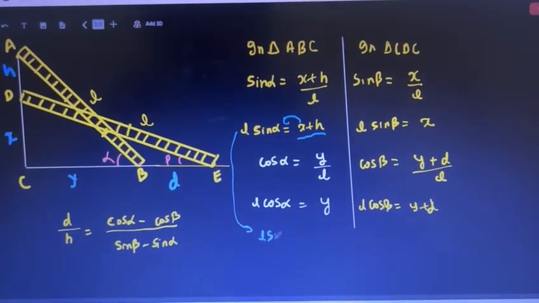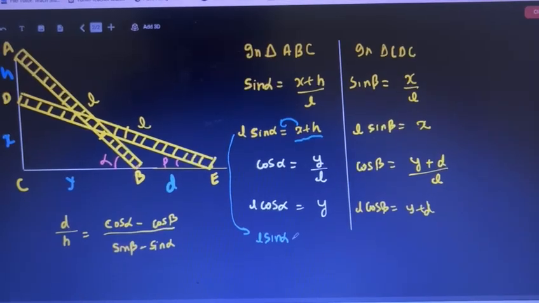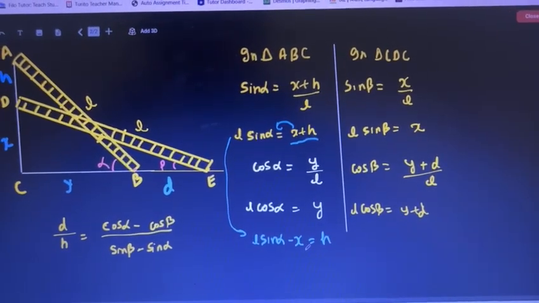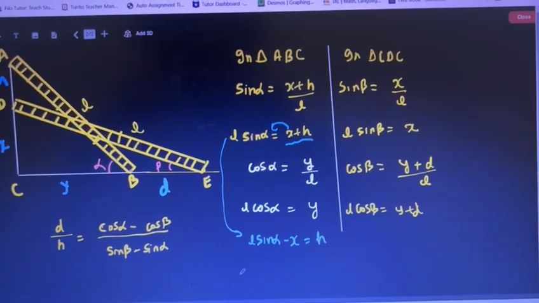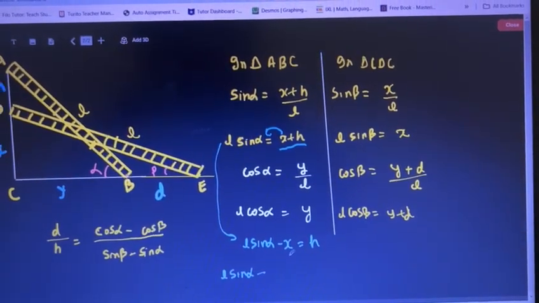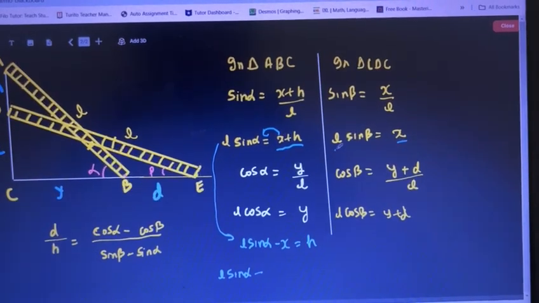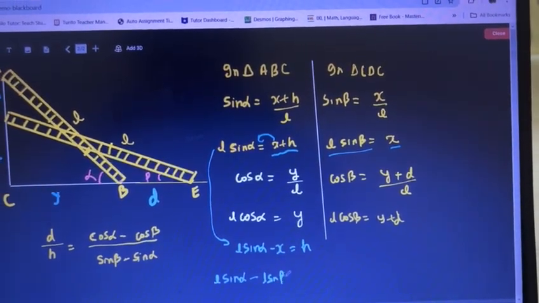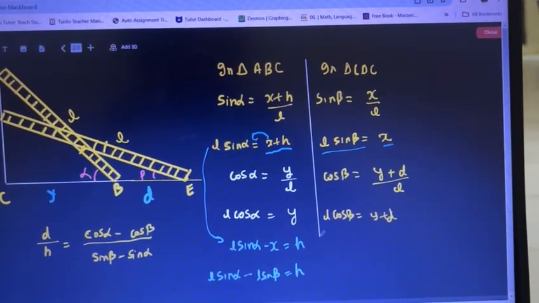L sin alpha minus X is equal to H, right? Now what is your X? Your X here is L sin beta. So plug in here, L sin alpha minus L sin beta is equal to H.